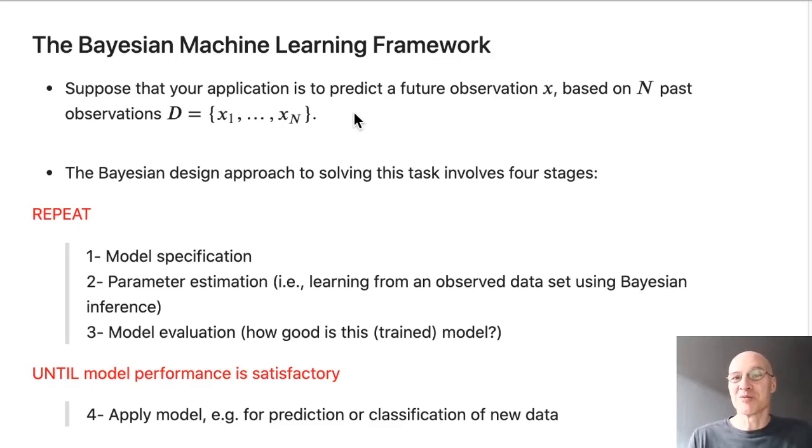How good is this model? Right? You want to have a good model before you make a prediction. So we want to evaluate this model, and we can now loop around until we get a model that we are satisfied with. Once we are there, we have a good model now. It has absorbed all the data. We want to use this model for our application, in this case prediction. And let's go through this in a bit more detail.